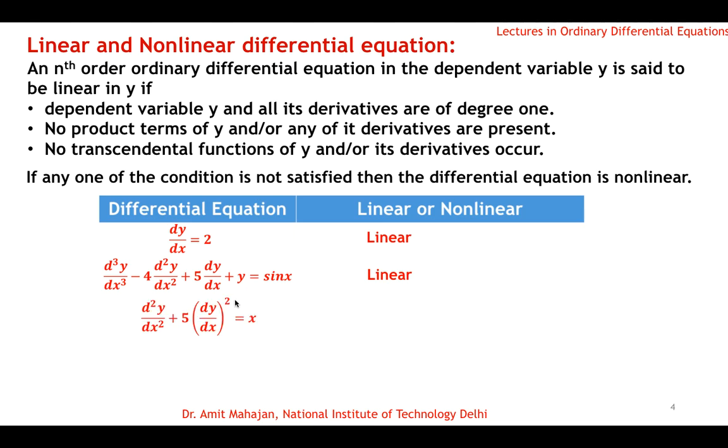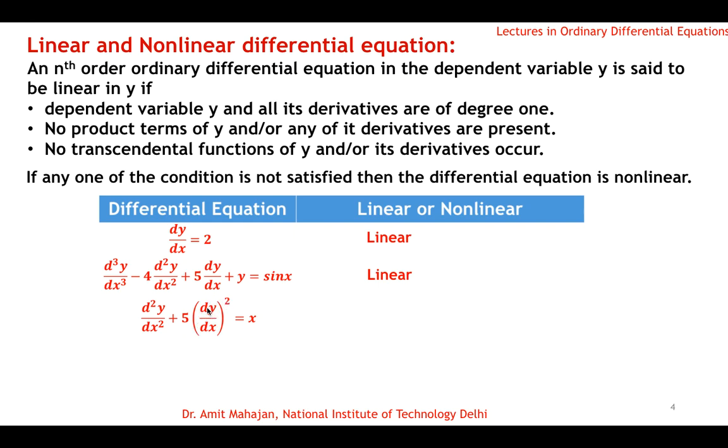So take another example, d2y by dx square plus (5 dy by dx) whole square is equal to x. Okay, a second order first degree ordinary differential equation with dependent variable y and independent variable x. In the first term y occurs only one time, the last term is the independent variable, but this term, dy by dx, has whole power 2.